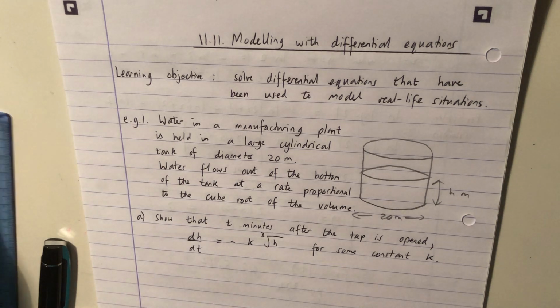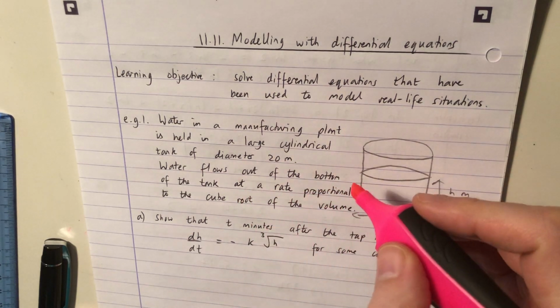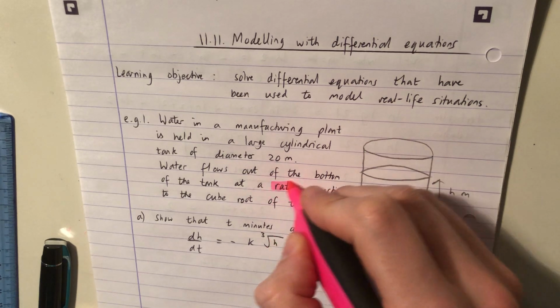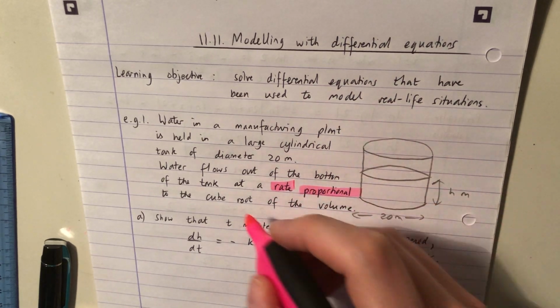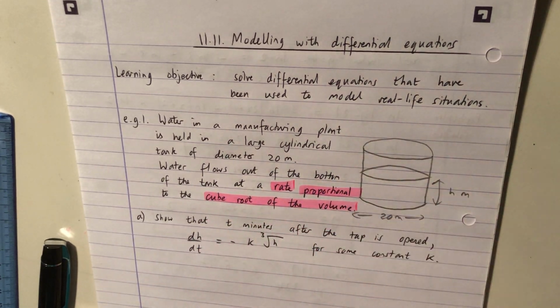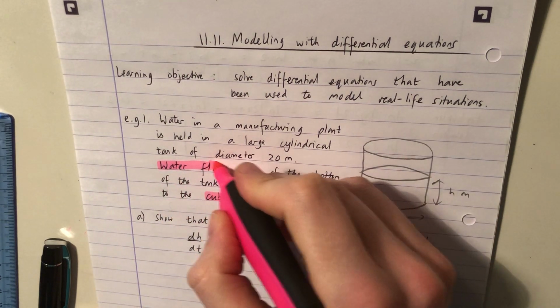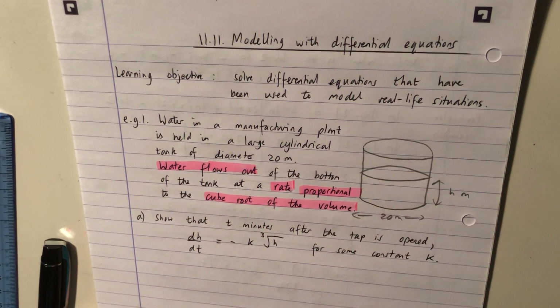I'm going to pick out the keywords in this: water flows out of the bottom of the tank at a rate proportional to the cube root of the volume.